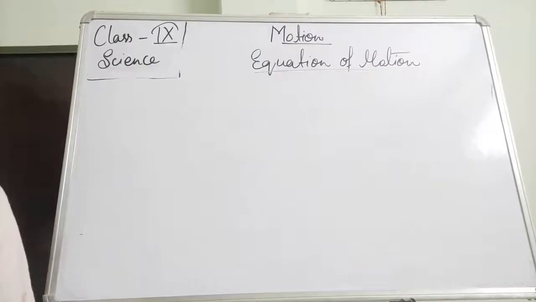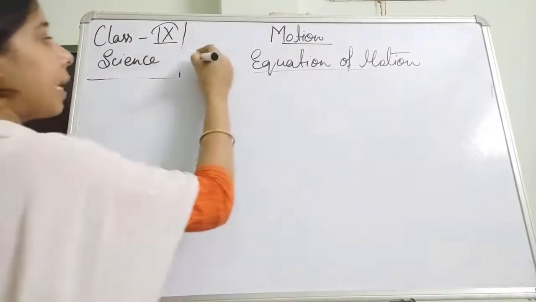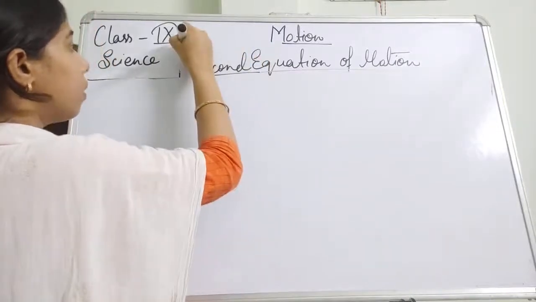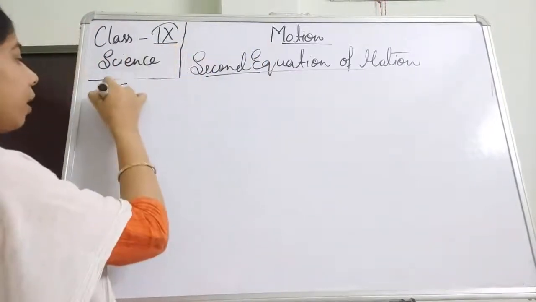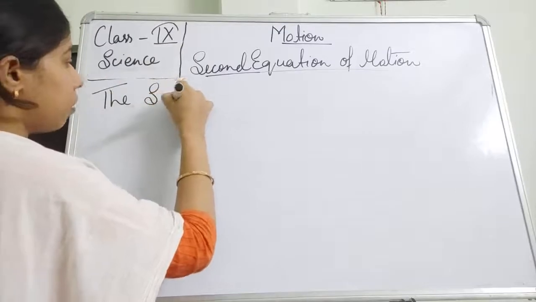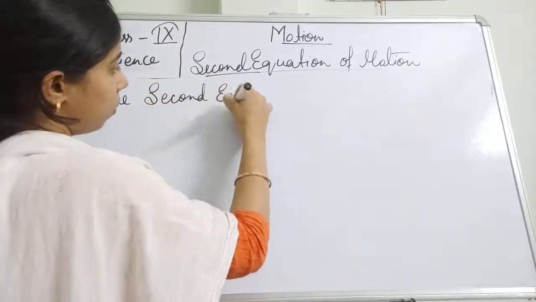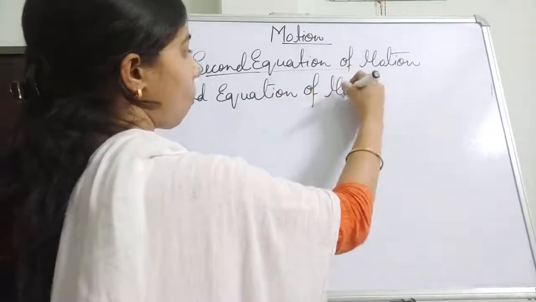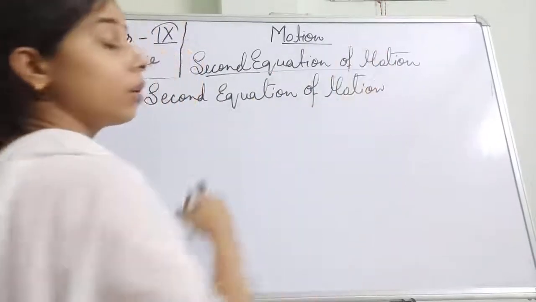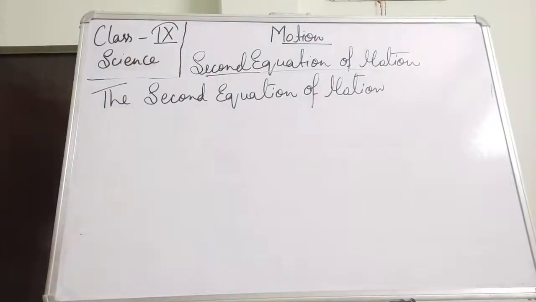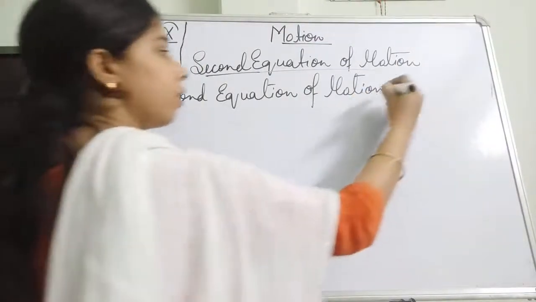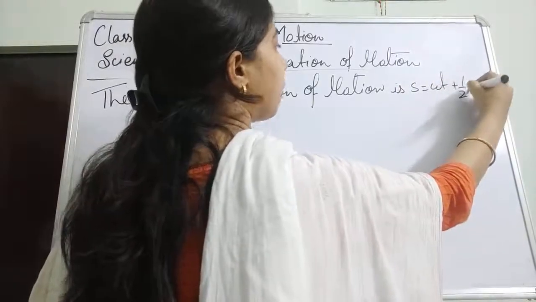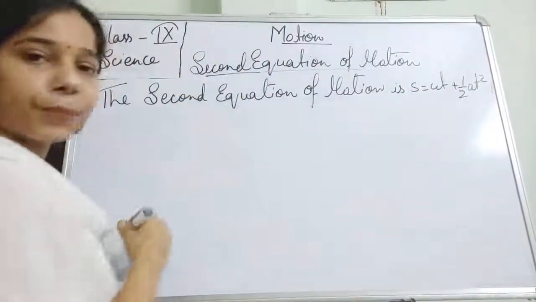Now let us see the second equation of motion. The second equation of motion is s is equal to ut plus half at square.